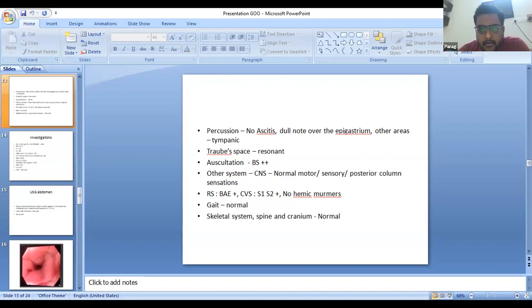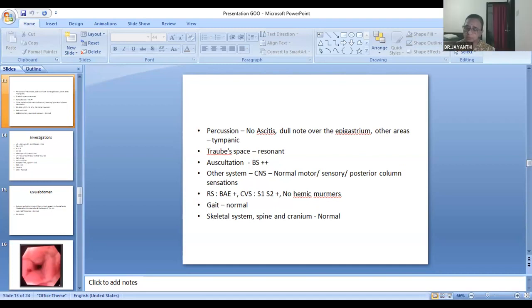And we can even give a saline wash through the Ryle's tube. What are the problems you're likely to encounter during endoscopy in this patient? Due to the accumulation of fluid in the fundus, ma'am, the chances of aspiration are there. So we'd like to intubate the patient and secure the airway, ma'am.